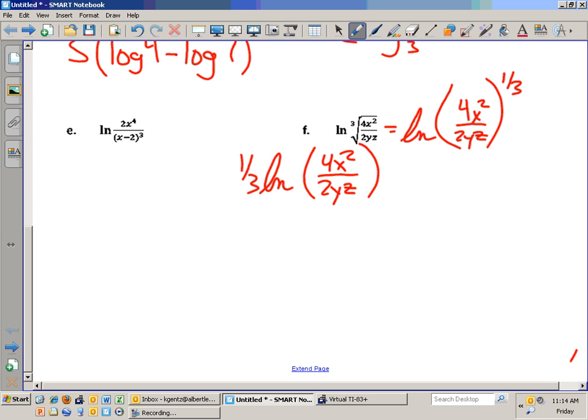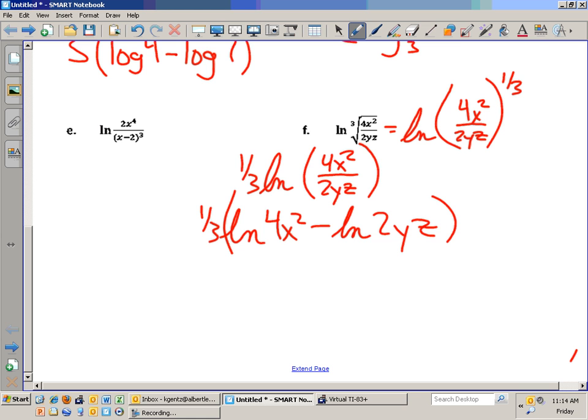Now notice that you have more powers in here. You also have products, so we're going to have to break this up. But you also have a quotient. What do you want to do first? Power, product, quotient. Which one? Quotient. So I've got 1/3 natural log of 4x squared minus, oh, better multiply everything by 1/3, right? Slap a parenthesis in there. Natural log of 2yz. All right.